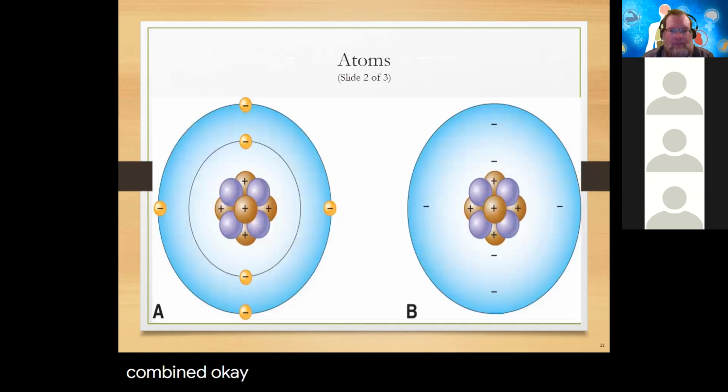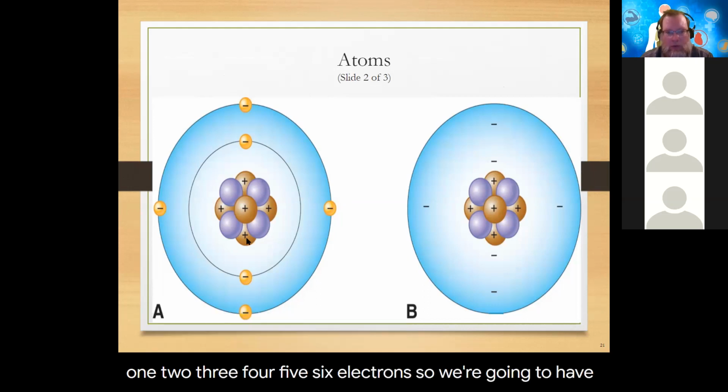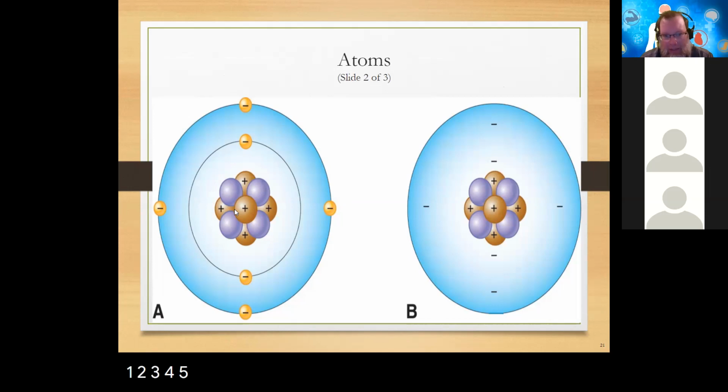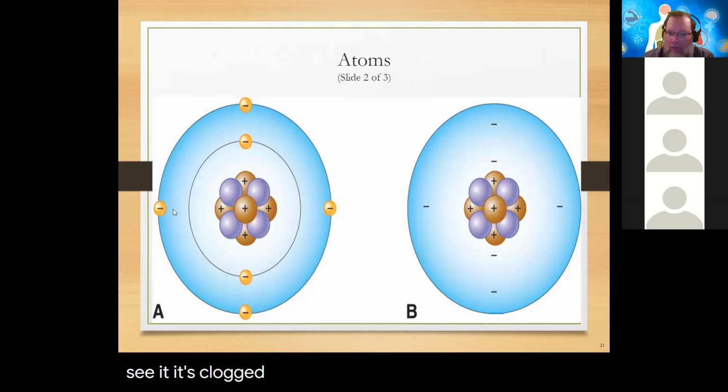Okay. It's showing a couple different models. Again, we can figure out what element this is just counting 1, 2, 3, 4, 5, 6 electrons. So we're going to have 1, 2, 3, 4, 5. The 6th proton is going out the back. You can't see it. That's why for this particular element, we'd want to rely on the electron number, because in 2 dimensions, think of this one right here.